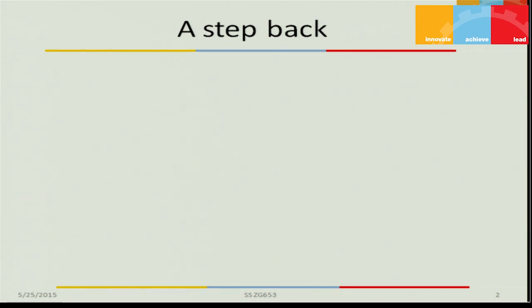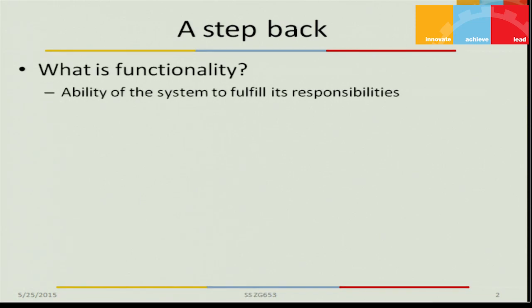To understand quality attributes, which is one of the very important aspects of software architecture, let's step back, because let's understand what is functionality. When we say functionality of a system, essentially what we mean by that is it's an ability of the system to fulfill its responsibilities.